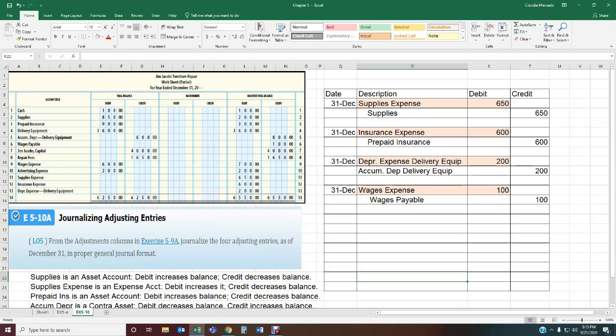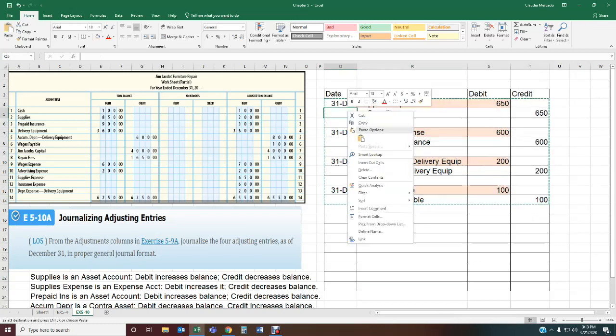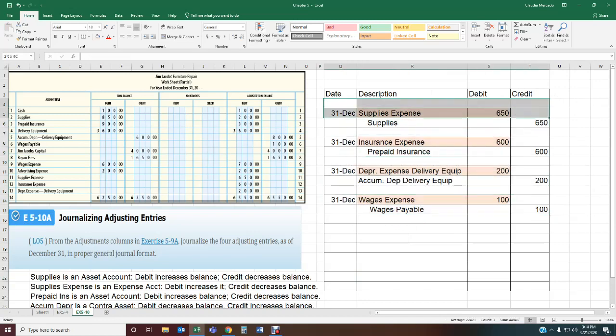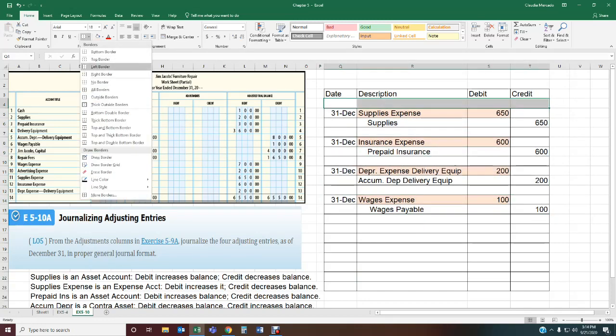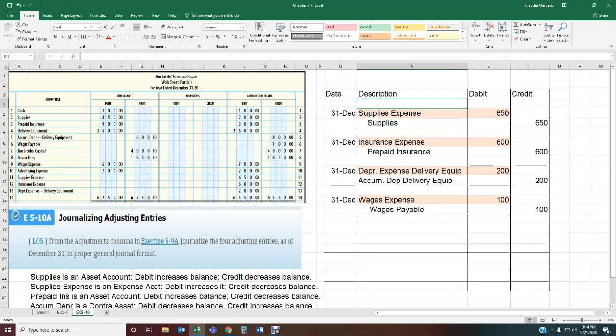And remember, let me cut and paste it down here. Whenever we have adjusting entries, we have to label them. I believe the system in Cengage does it for you, but it's just a matter of labeling your entries. That way we know that these 4 entries are our adjusting entries.